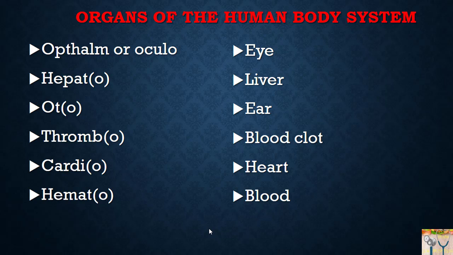Example, we have otitis, meaning inflammation of the ear. Thrombo means blood clot. Example, we have thrombosis. Cardi means the heart. Hemat means the blood. Example, hematuria, that is blood in the urine.